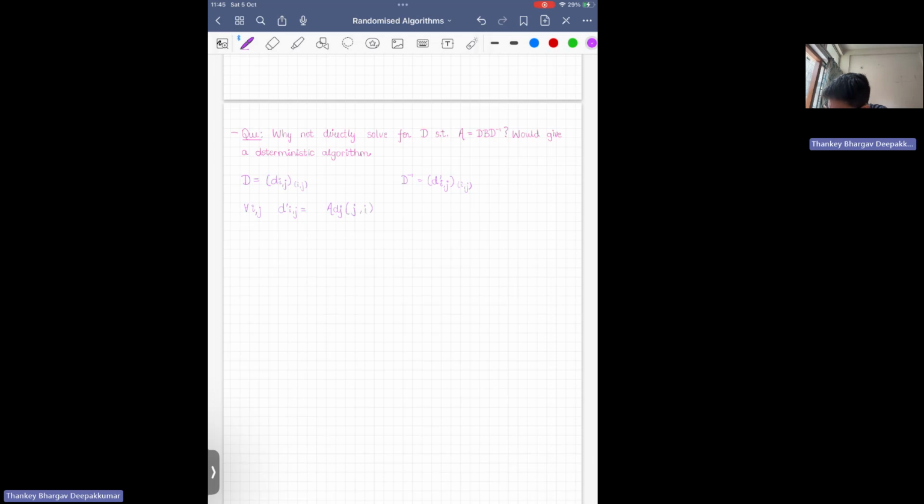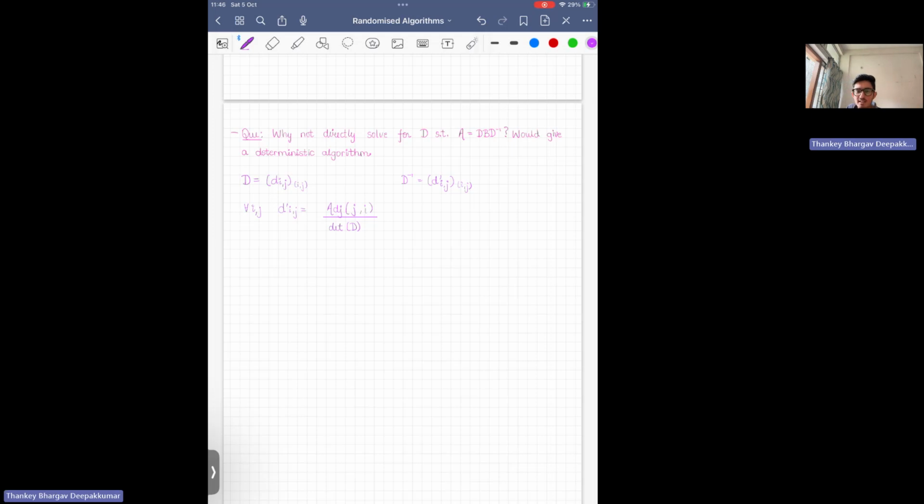So the determinant of the thing obtained by removing the jth column, ith row, divided by the determinant of A. Sorry, D, yeah, because we are working with D over here. So it's this.